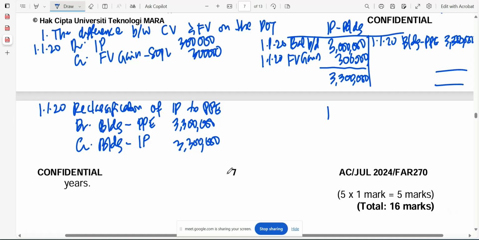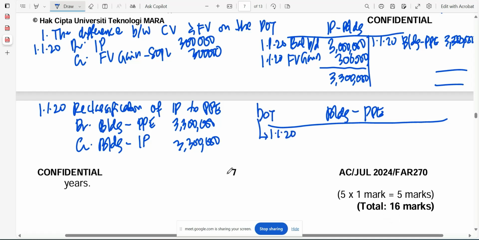With this, you have a new item, building as an item of PPE, which happens on the date of transfer, 1st of January 2020. Remember, this is the date of transfer. And on this date, you have the building, and that was at the fair value of 3.3. And on 31st of December 2020, if you close the account, your balance of PPE will be 3.3 million.